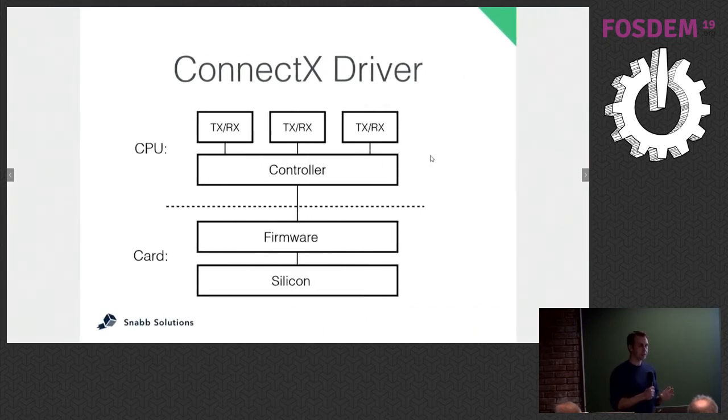So if you're going to write the ConnectX device driver, you will have a controller component, I'm going to call it on the host, that is talking to the firmware over PCI Express and sending a bunch of requests to initialize and configure the network card. And this is basically a CRUD interface that you get from the firmware. You have a bunch of objects like a transmit queue and a receive queue and a flow table and so on, and you can create, you can read, you can update, and you can delete these objects.